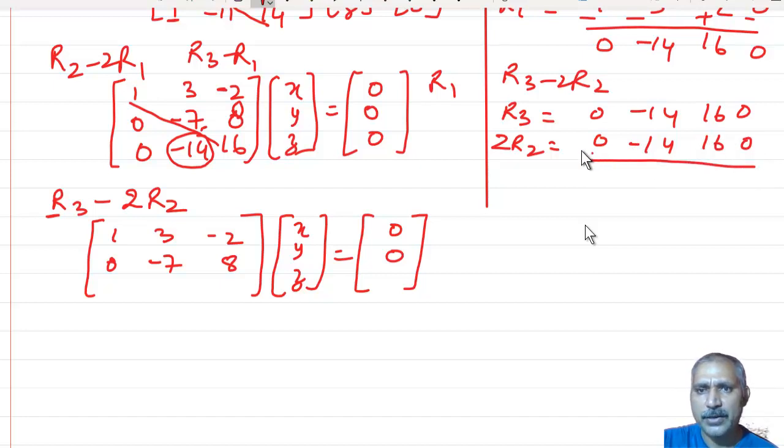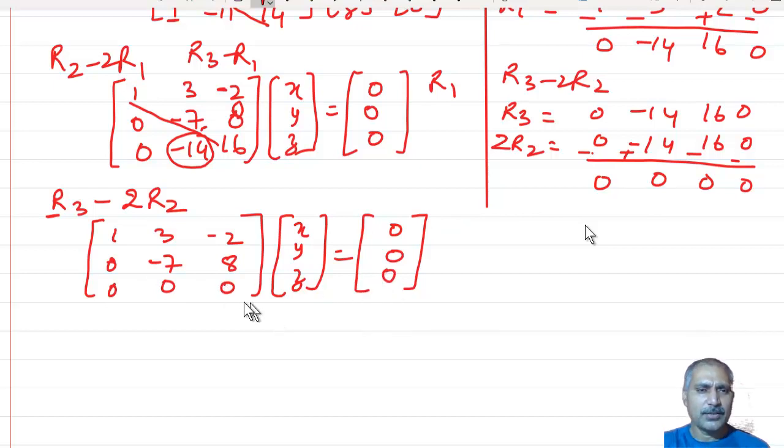We have to subtract, so the sign will change: 0 minus 0 is 0, minus 14 plus 14 will become 0, 16 minus 16 will become 0, and this will remain 0. So we got the last row as a zero row. Now this is in echelon form.